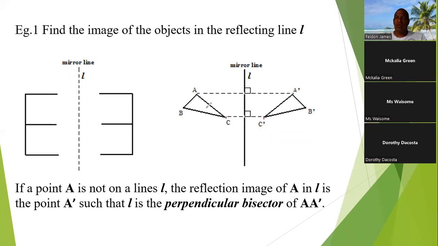And so you can notice that each of these points has equal distance from the mirror line as its image. And this dotted line that passes from A to A dash is called your displacement line, the line through which A and A dash are connected.